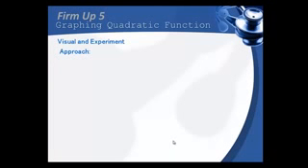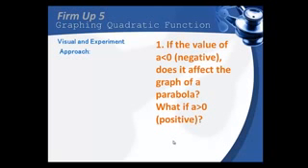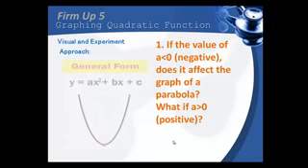Okay, this time we are now ready to graph a quadratic function. Let us first remember: if the value of a is negative, or less than 0, how does it affect the graph of a parabola? And what if it is greater than 0, or positive?